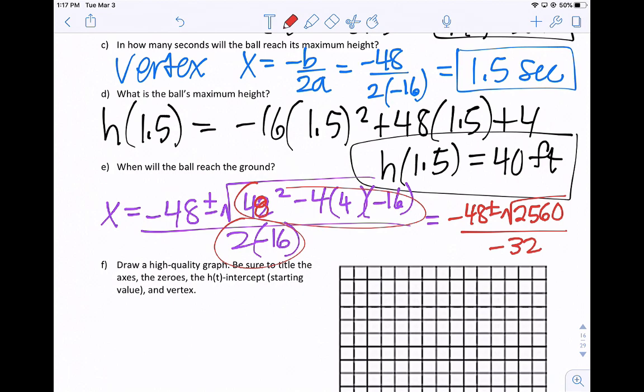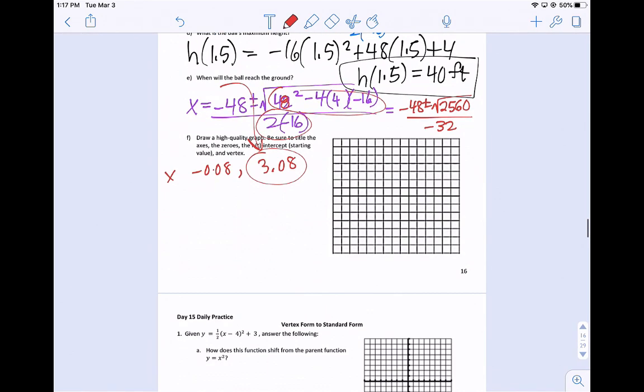We solve that, negative 48 plus the square root of that divided by negative 32. One of our answers is negative 0.08, but what's the other one? Negative 48 minus the square root of 2560, hit enter, divide by negative 32, and we get 3.08. So when does the ball reach the ground? 3.08.